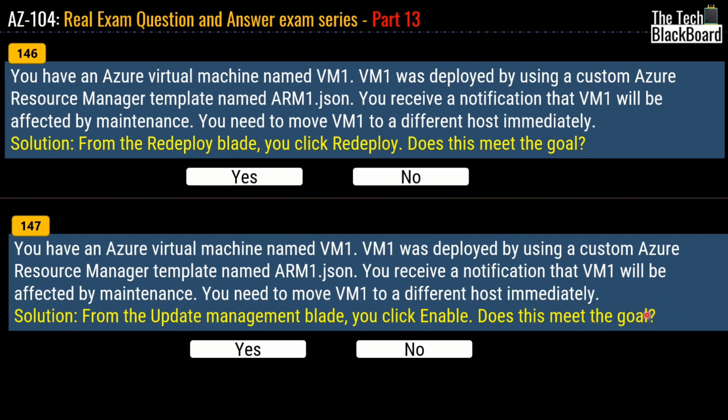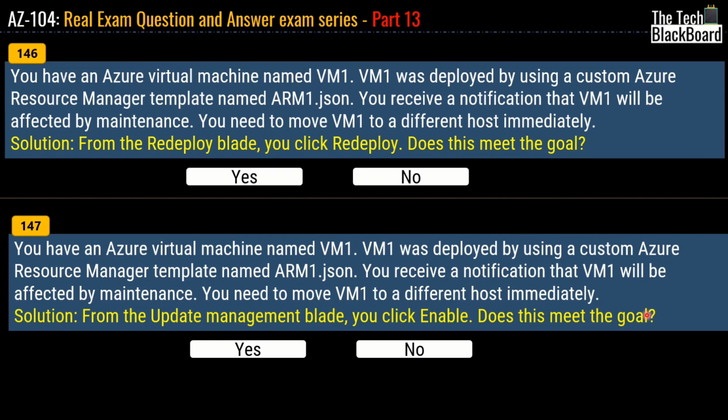Now friends, if you have been following this series, then you might remember that in part 11 also, in question number 116, we discussed the redeployment of virtual machine. I would once again like to reiterate the concept of what exactly happens when you redeploy a virtual machine. When you redeploy the virtual machine, Azure moves the virtual machine to a new node within the Azure infrastructure, and then it powers on the virtual machine once again.